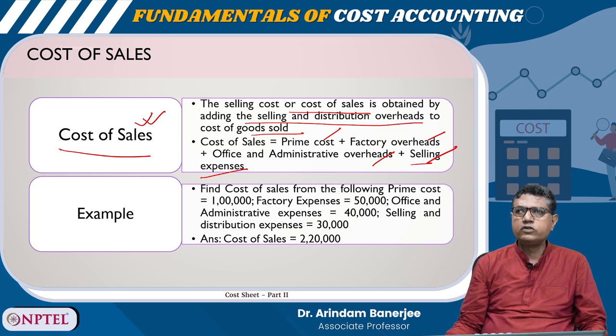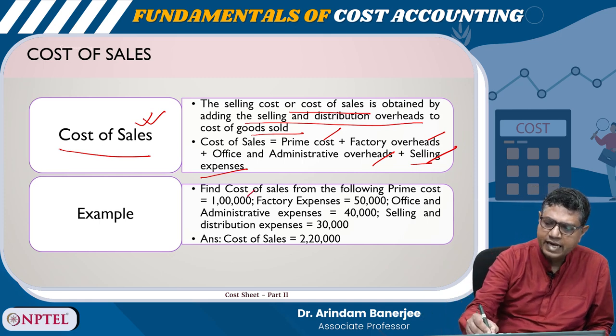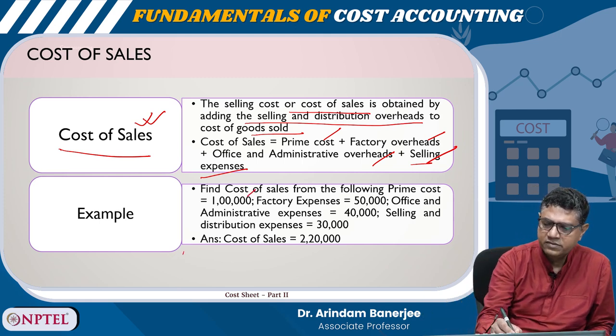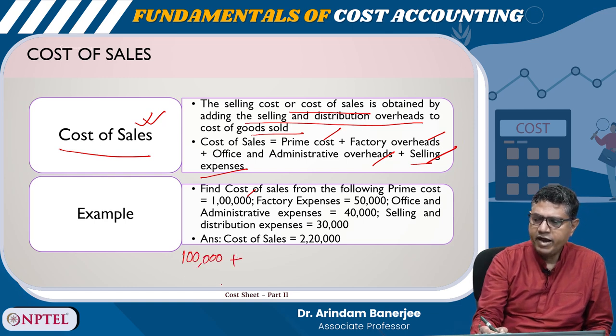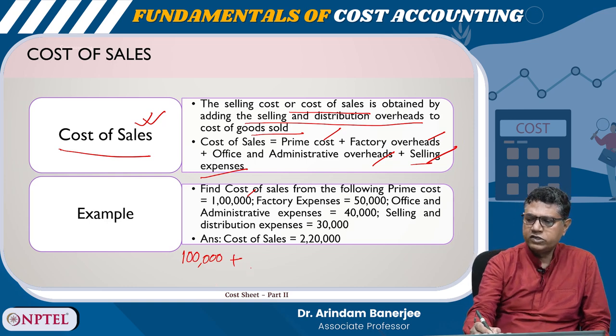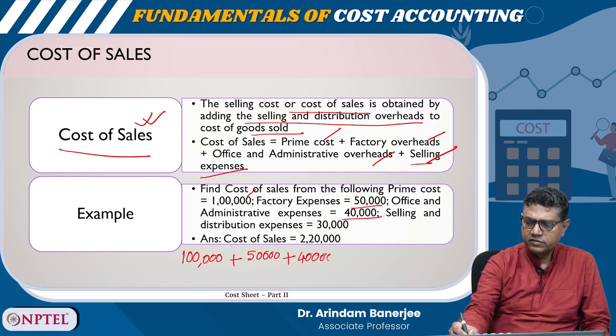So find cost of sales from the following. Prime cost is equal to 1 lakh, plus factory overheads 50,000, plus office and administrative overheads 40,000, plus selling and distribution expenses 30,000.